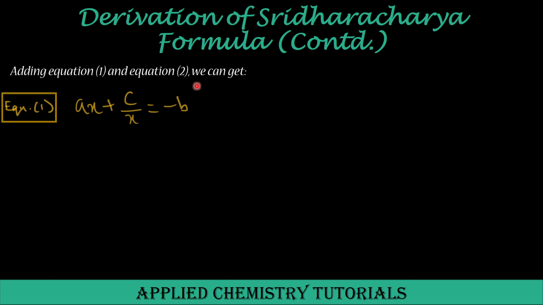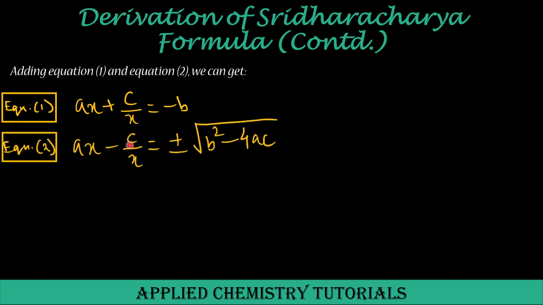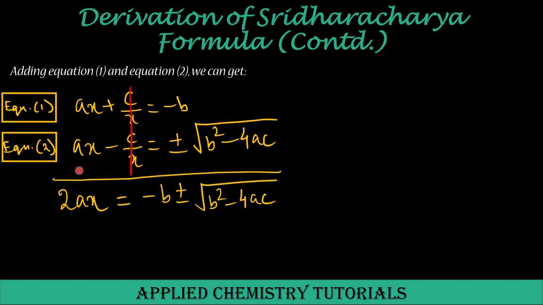Now adding equation 1 and equation 2, we can get from equation 1 ax + c/x = -b, and from equation 2 ax - c/x = ±√(b² - 4ac). So when we add them, c/x cancels out from both these equations, and we can have 2ax = -b ± √(b² - 4ac).